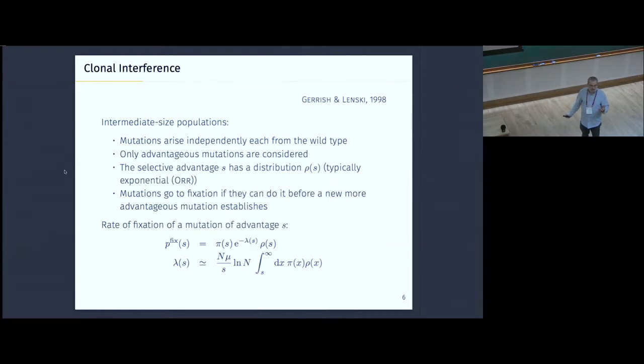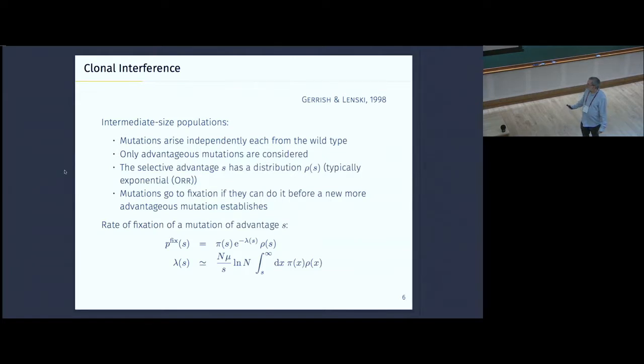So it is proportional to the time needed to go to fixation, which is log n divided by s, right? Then you have this factor, n mu. What is it? The probability of having a mutation.